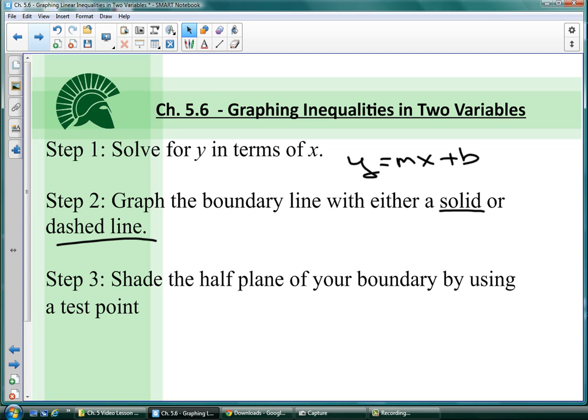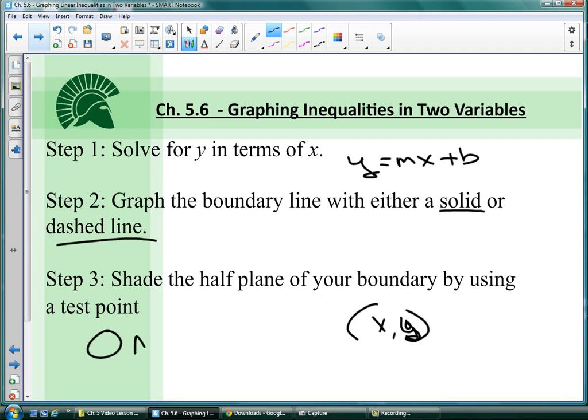Okay? And the way that we're going to do that is we're going to use a test point. The test point basically tells us an x and a y value, because it's a point. And we test that point somewhere along the graph. The very important part about the test point is that you do not want to pick it on the boundary line.